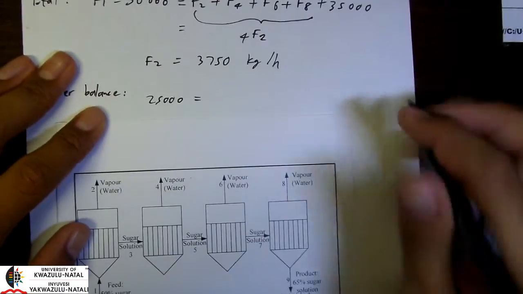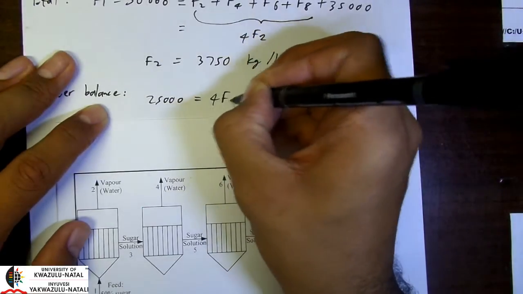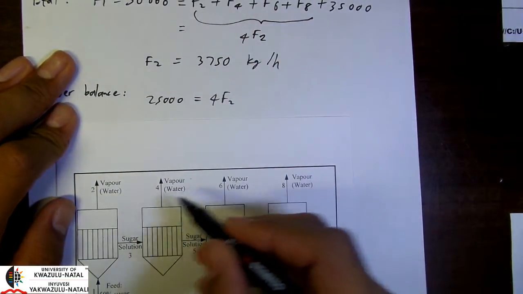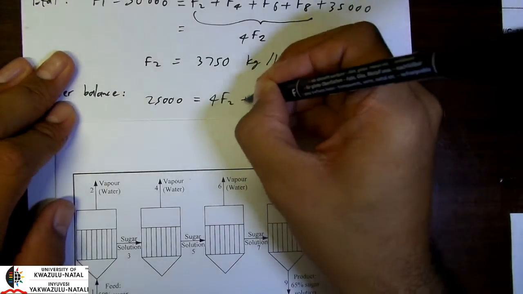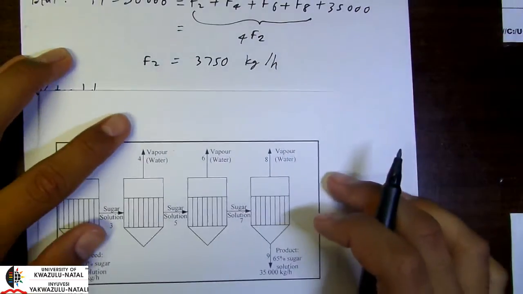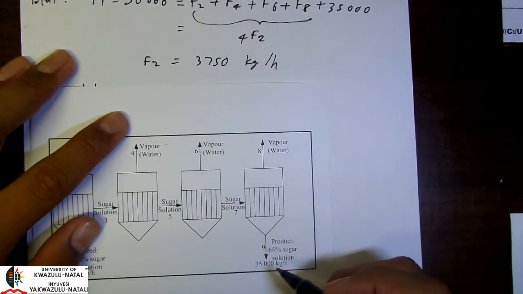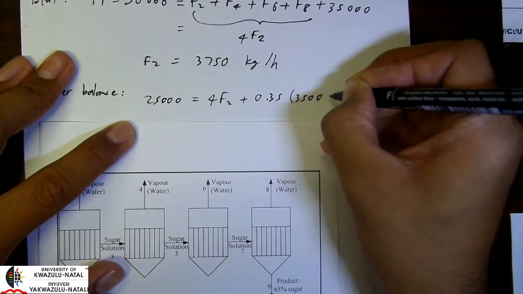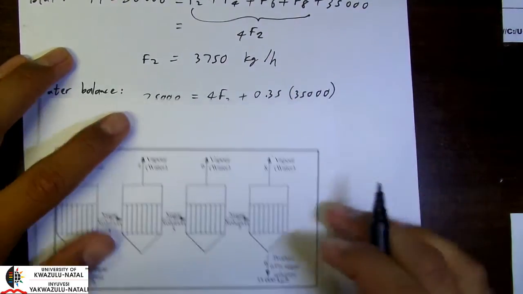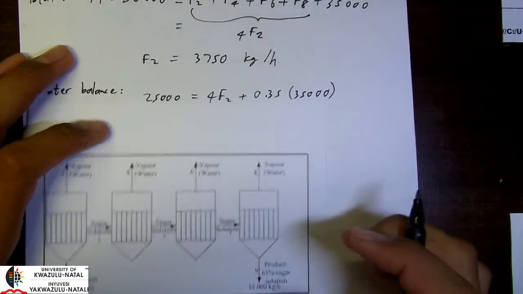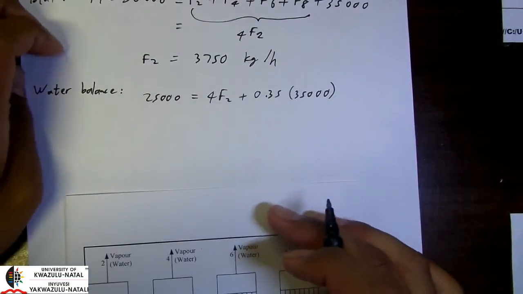And we once again have 4F2 of water coming out of the tops of all of these evaporators. And we have 0.35 times our 35,000 coming out at stream 9. Okay, because we have a 65% sugar solution here, the remainder is 35%.